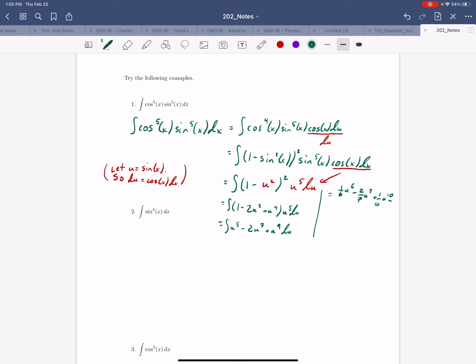And then, of course, when we write that all out, that's going to be 1/6 sine to the sixth of x minus 2/7 sine to the seventh of x plus 1/10 sine to the 10th of x plus c. Let's just sort of put that guy off to the side right there.